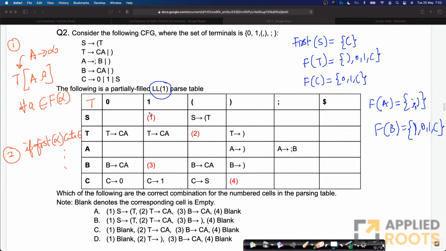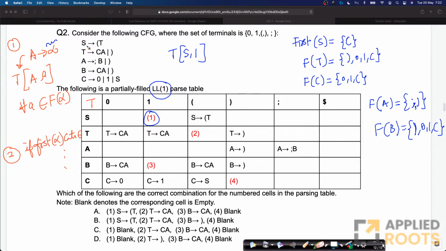Now let's apply. So you have this. Look at this. This is S1. So the table entry for S comma 1. Now observe one thing. Is 1, look at this, because this is the table entry that we are looking for. A is S, this lowercase a is 1. Is 1 the first of any alpha here? Look at this.